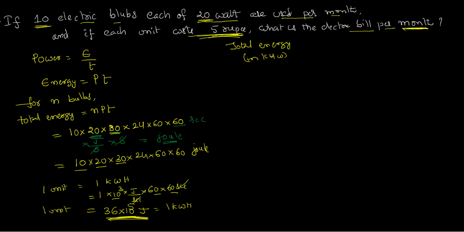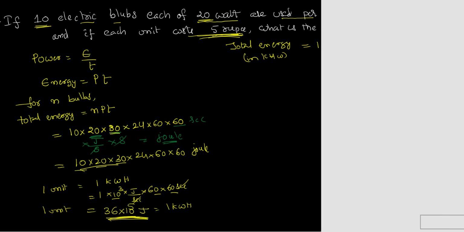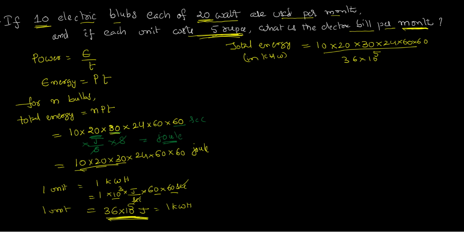So the total energy is 10 bulbs, 20 wattage each, 30 days, each day 24 hours, 60 minutes, 60 seconds. That will become joule. Divide that by 36 into 10 power 5, then it will automatically become kilowatt hour.